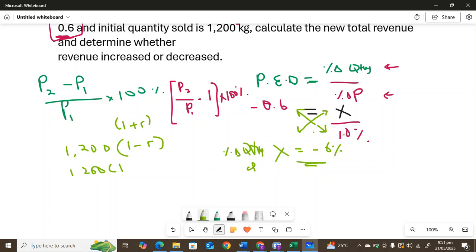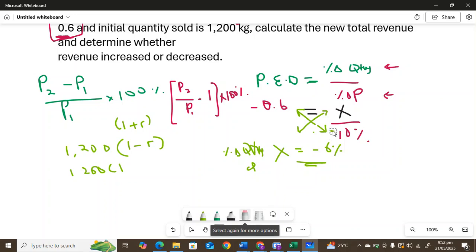How you'll be able to know is when you get your final answer here. For example, if it was price that reduced by 10%, here you would have had a negative 10%. So that when you multiply it with this negative 0.6, negative and negative make positive. Then you'd have known that quantity demanded has increased because the value of X is positive.